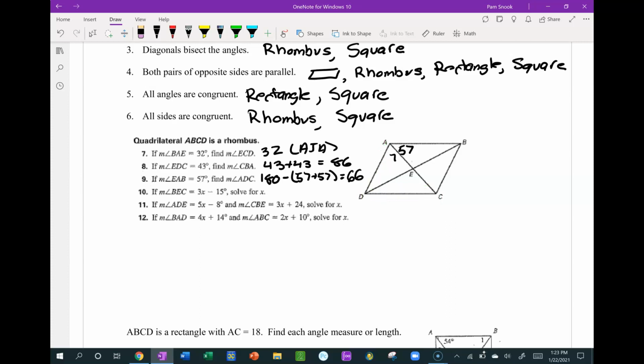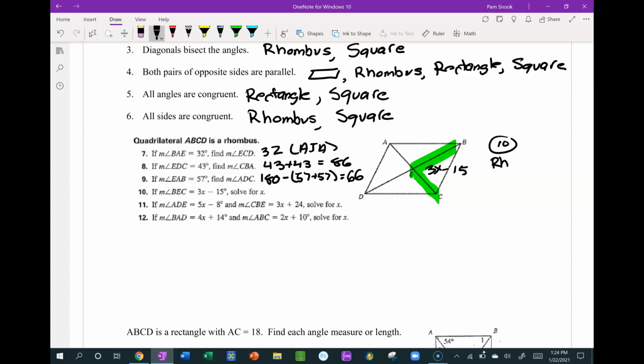All right, next one. Measure of angle BEC. So that's that one right there, is 3x minus 15. Solve for x. So I'm going to do number 10 over here. So I know that the diagonals in a rhombus are perpendicular.